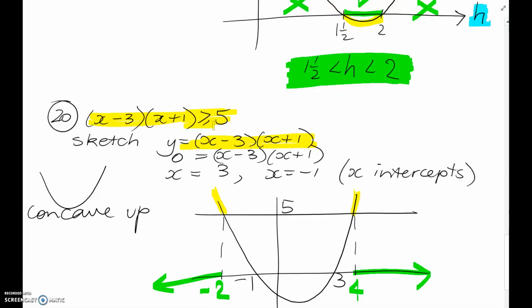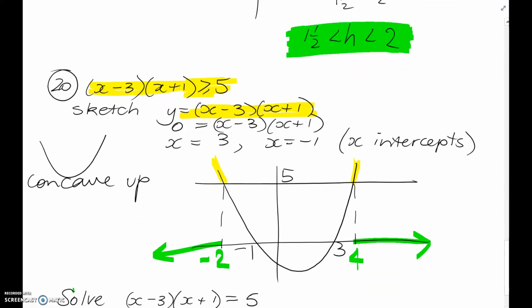The reason I did that was because it's set up ready to go for me to find the x-intercepts, which are 3 and -1. So there they are, 3 and -1. Now I want to see where this is greater than 5. Well, it's only this bit here. You can see there. Now which x values are going to produce that?